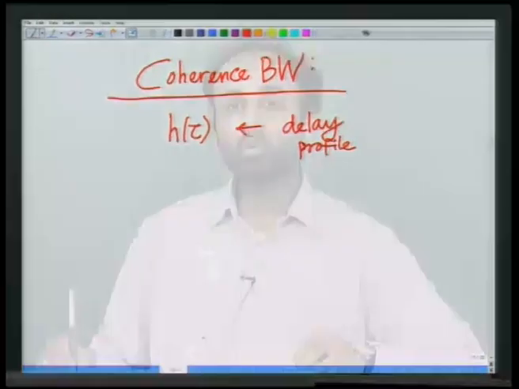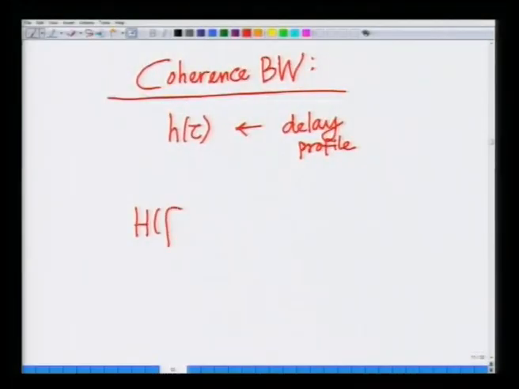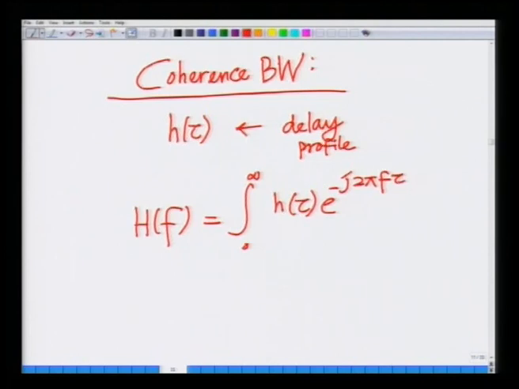Now, what I want to do is compute the Fourier transform and look at the spectrum of this delay profile. So, let me compute the spectrum of this, which is given as H of f equals the integral from 0 to infinity of h of tau e power minus j 2 pi f tau d tau.